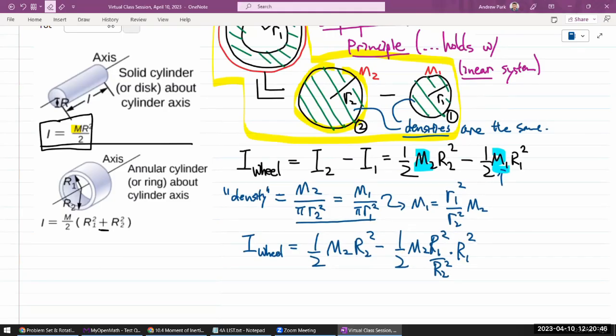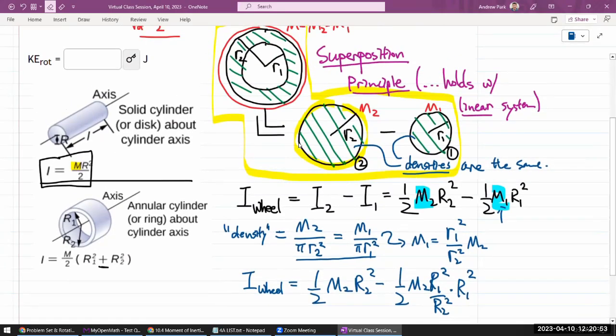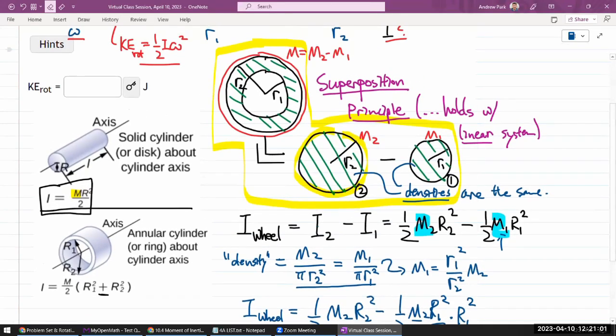Now we are not given m2. What we are really given is the mass M here. So let me see if I can simplify this so that our expression is in terms of M. I can do the same thing by plugging in the expression for m1 and factoring out m2.